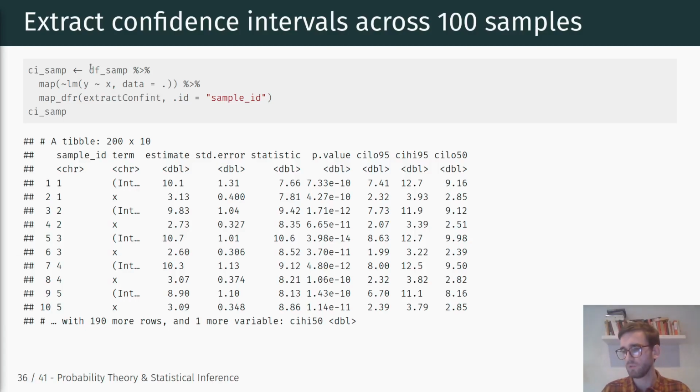The way we can do this is we take our df_samp, which, remember, is a list of data frames, a list of length 100 with each element being one 50 by 3 data frame, essentially.